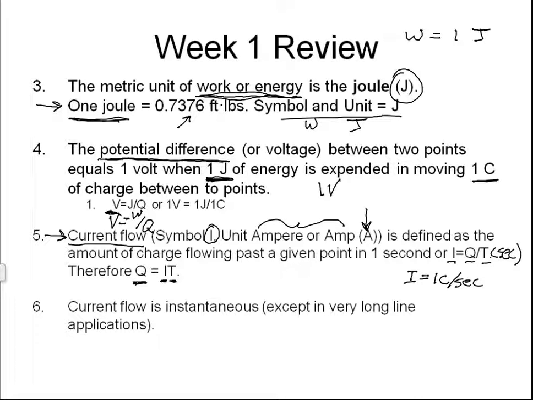Now, something to remember is current flow is instantaneous, except for in long line applications, just like I put in this slide here. Once again, let's think about a tube. And that tube is full of ping pong balls with a little teeny tiny space in between them.